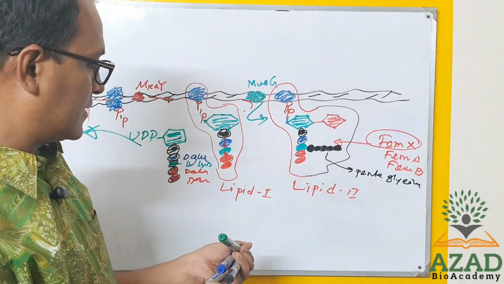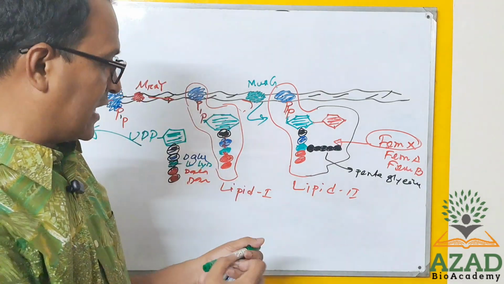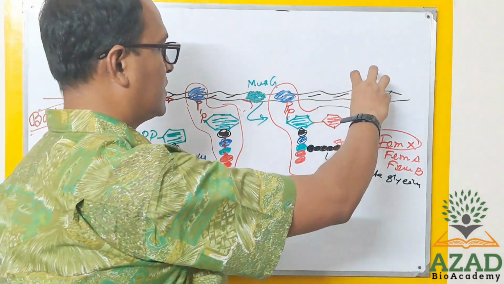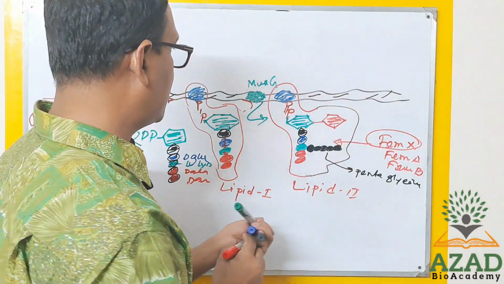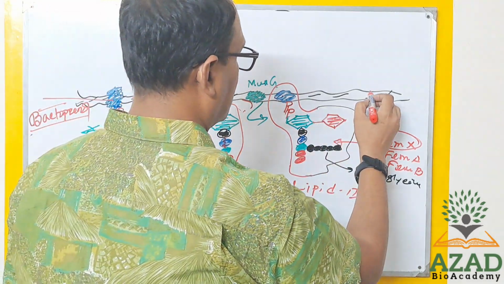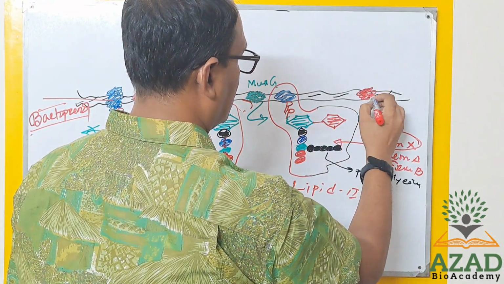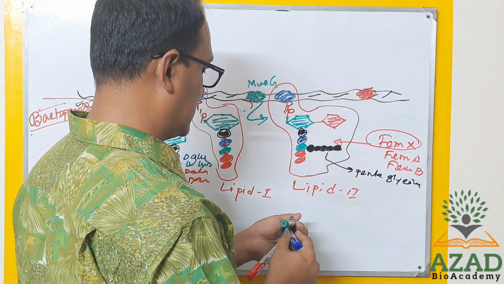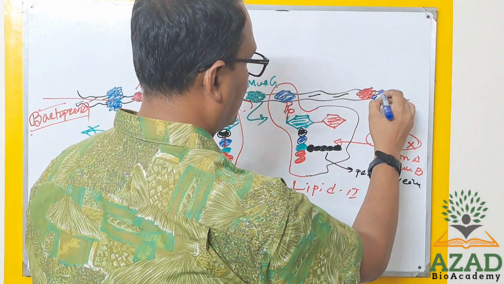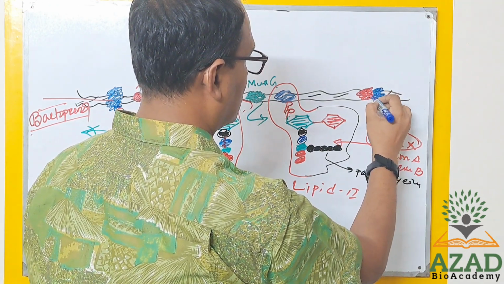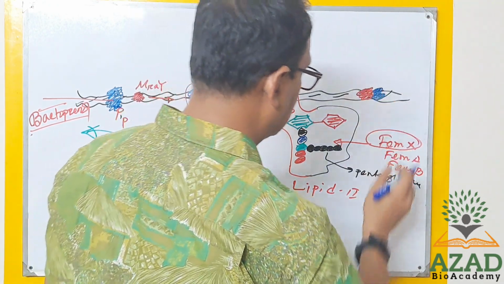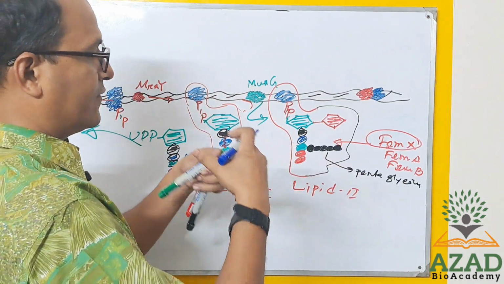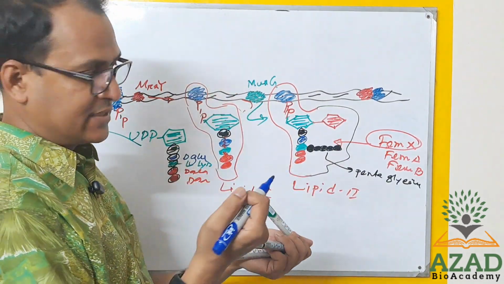Now what will happen? Now another enzyme which is present in the membrane is actually two enzymes, but those enzymes work together and function like a single enzyme.